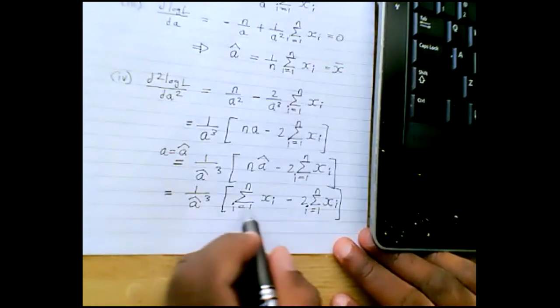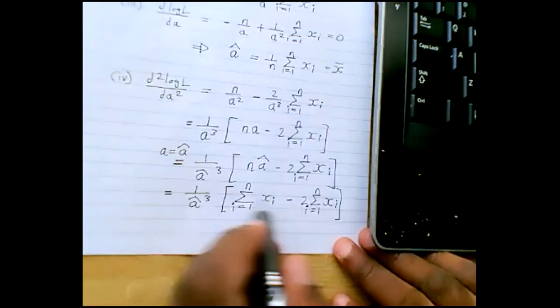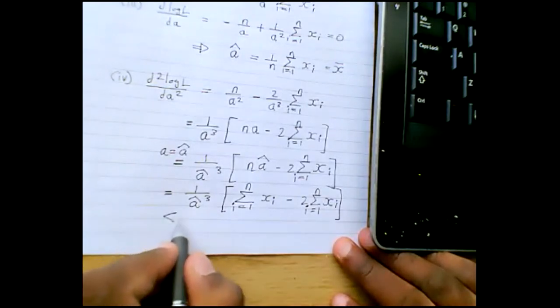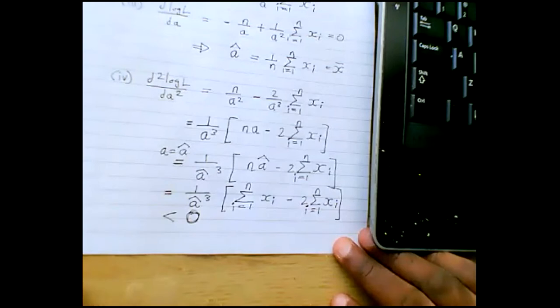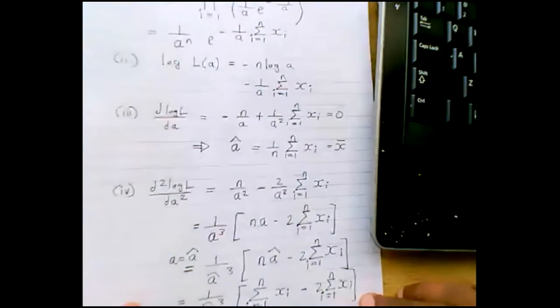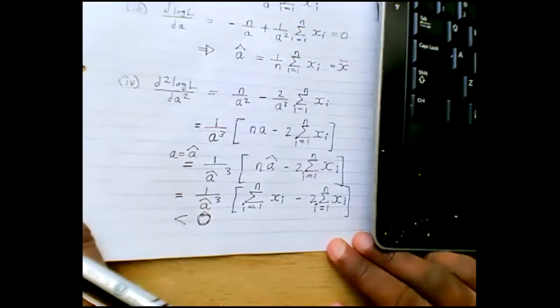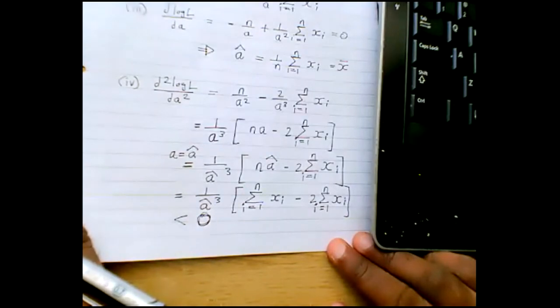Now this guy here, because this is the same as this, you have sum of xi minus 2 times sum of xi, which is clearly negative. And so one person asked me why we need step 4, because that is part of the scheme. Every scheme for finding an MLE must have 4 steps, step 1 to step 4, right?